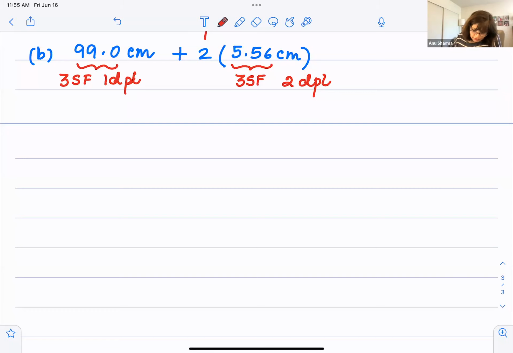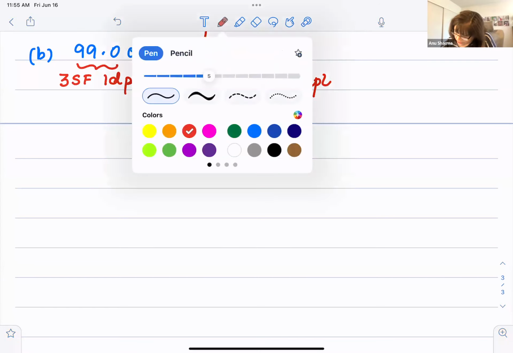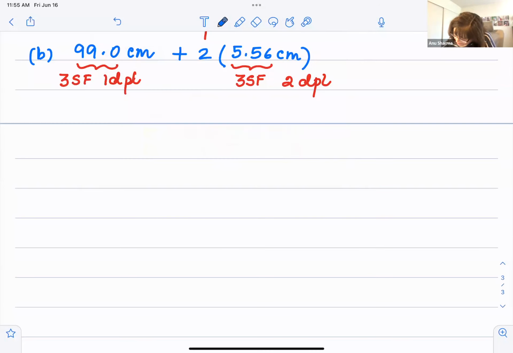So 2 multiply by, so first solve this, 5.56, and you get 11.12. So here it's positive 11.12, and then the other is 99.0. Now remember that when you're adding, you only look at 1 decimal place. You look at the lowest decimal place for the final answer.